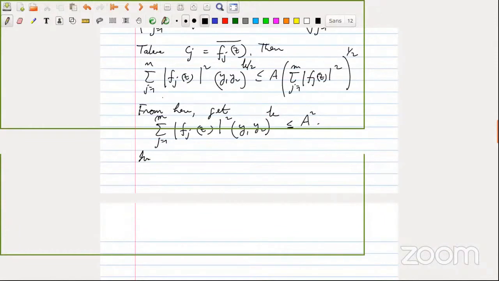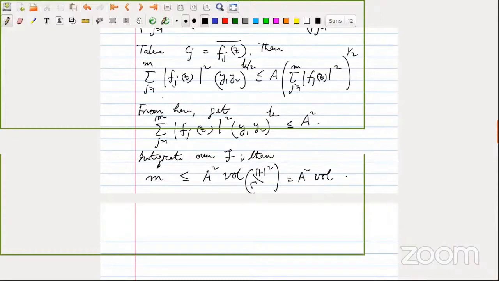If I integrate over the full fundamental domain F, then I will show that m, the number of f_j's, is less than or equal to this constant squared times the volume of F. So whatever F I take, it's going to be bounded, which shows that this is finite dimensional.